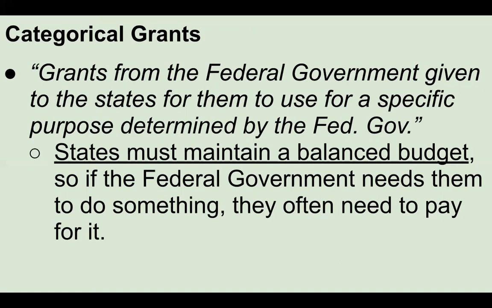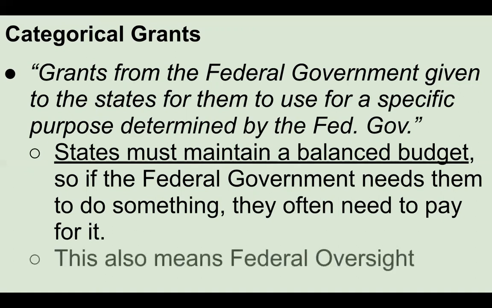Now, I will say this too: if the federal government's going to pay for something, that also means they're going to make sure it's done right. So if you get a categorical grant, you're also going to have federal oversight that goes along with that grant. The states maybe have to implement the program that the federal government wants, exactly how the federal government wants them to.